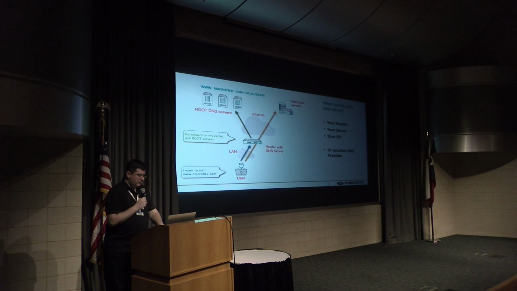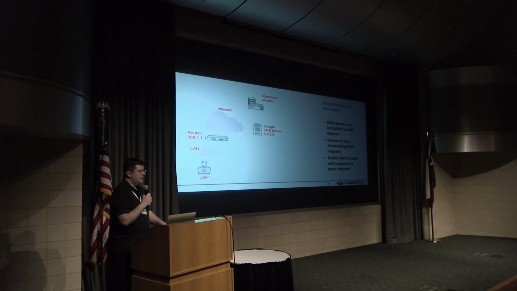So when we look at a slightly different scenario, in this case, the router is not actually hosting a DNS server. So the request will then be sent to a public DNS server, which will be provided by the local DHCP server.